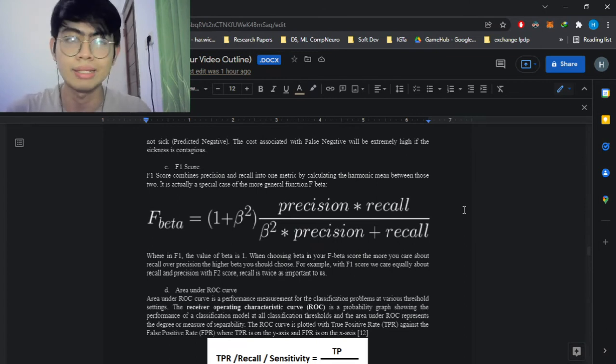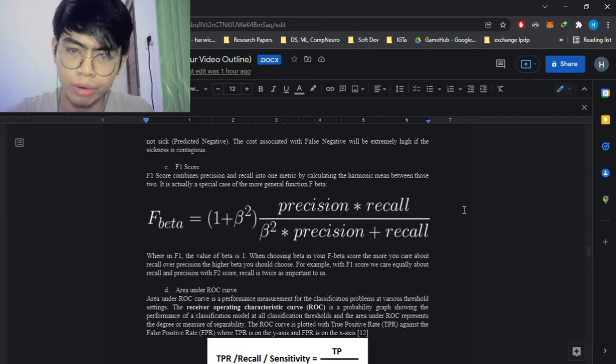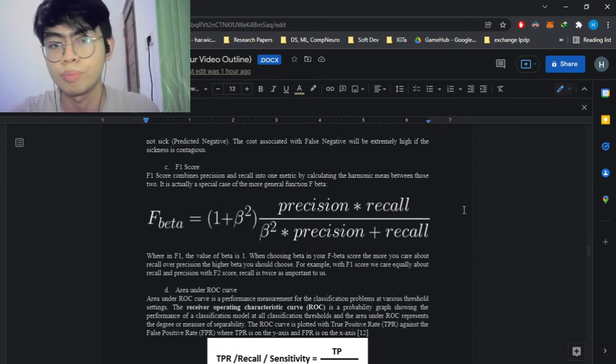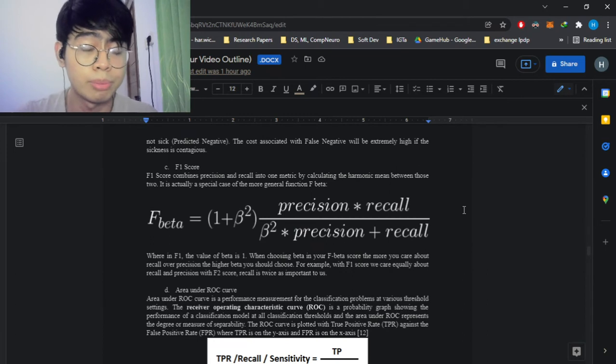F1 score is a special case of the more general function F beta. Simply put, beta is how much you care about recall over precision. When you put the value of beta to 1, it's F1, and you care equally about recall and precision.